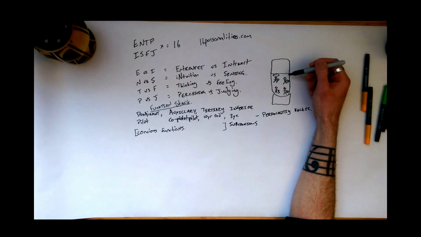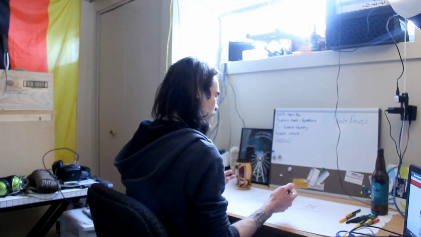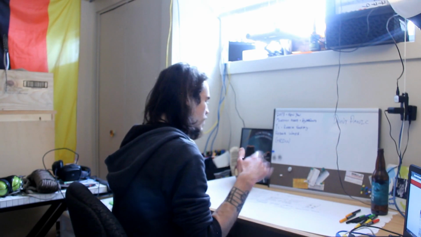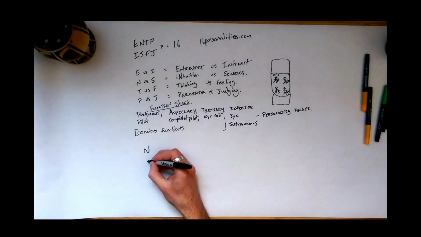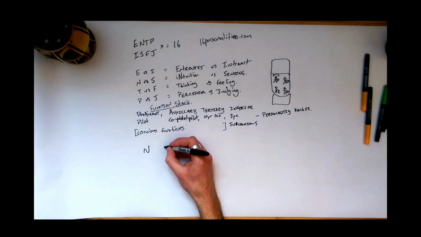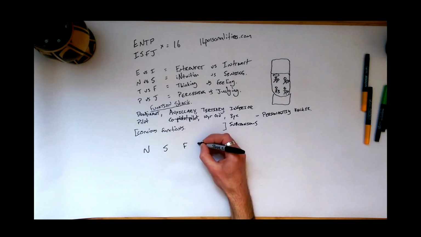So I like their model. It makes things a little bit easier to understand, as well as how they describe each of the cognitive stacks makes it, again, really easy to understand. So I said before, there are eight stacks, or eight cognitive functions, I should call it, and each one behaves in a different way, and it is broken down like this. So you have your intuition and sensing, feeling and thinking.